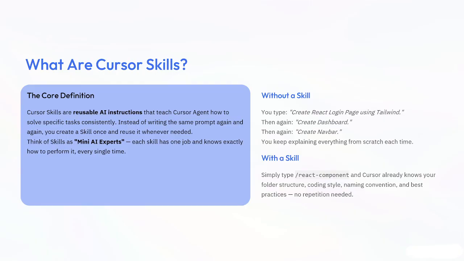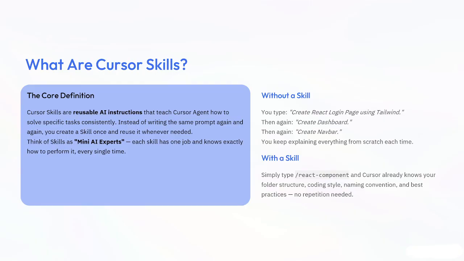Without skills, every time you want a React component or an API, you have to explain everything again. For example, creating a React login page using Tailwind, use functional component, use TypeScript, follow my folder structure. Tomorrow you will repeat the same instruction again and again. But with skills, the best thing is that you simply type slash react component.